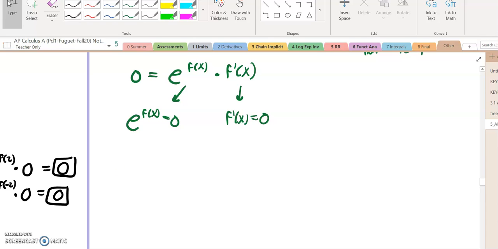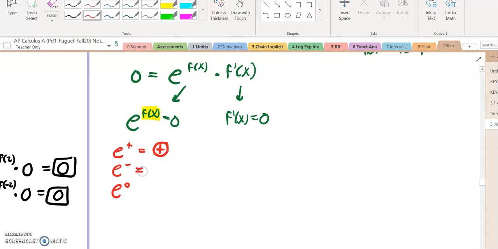Well, e to the f of x equals 0, the question is, what exponent would allow e to equal 0? And the answer to that is none. And quick side note, if you don't know why that is, there are 3 scenarios I want you to consider right now. E to anything positive, so e to the first, e to the second, e to the third, is going to give you a positive answer.